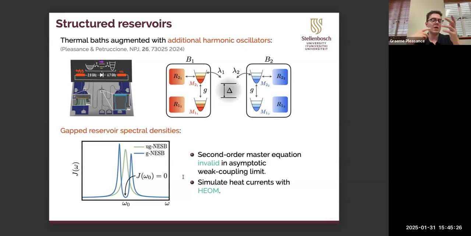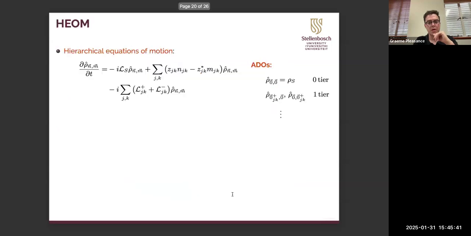In order to actually treat the heat currents in this type of system, we have to rely on a different approach. The approach that we used was the so-called hierarchical equations of motion, which is valid beyond second order in the system-reservoir interaction strength. I won't dwell too much on the technical details, but this is just in case people are interested.